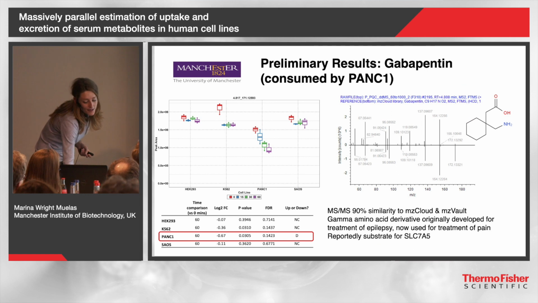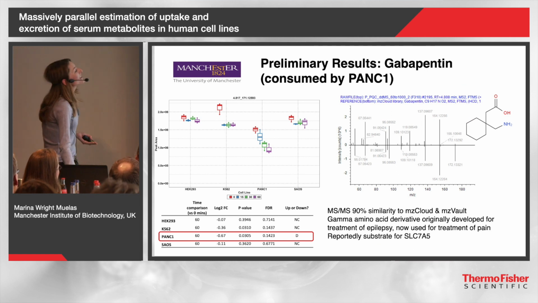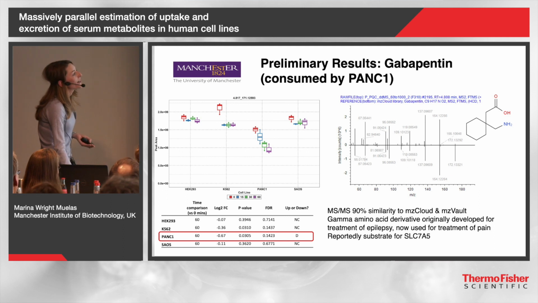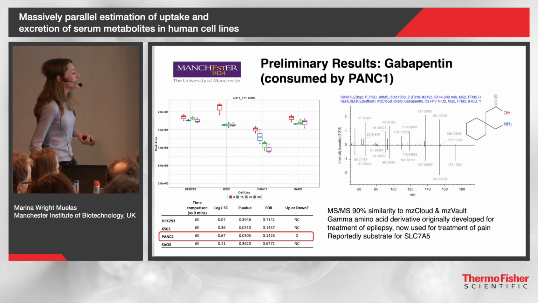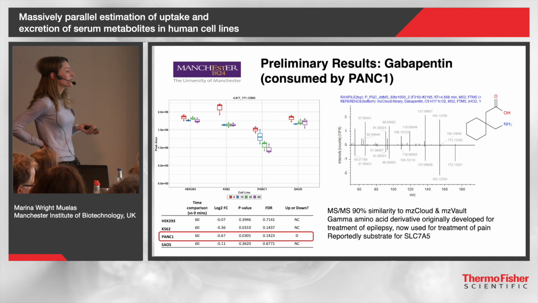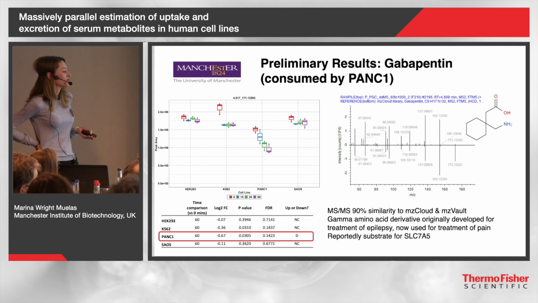And then we see some, of course this is from humans, the serum. So we do see a number of drugs, legal and illegal, showing the legal ones for now. But for example, gabapentin, this is a drug for the treatment of epilepsy, but also for the treatment of various pain conditions.